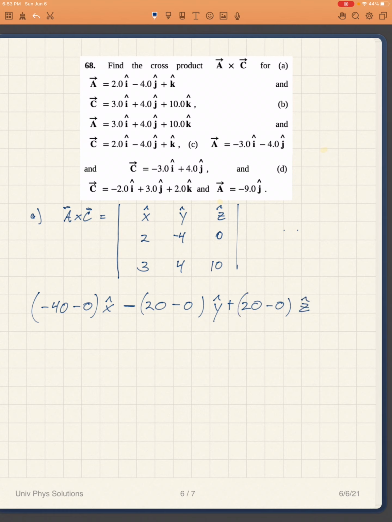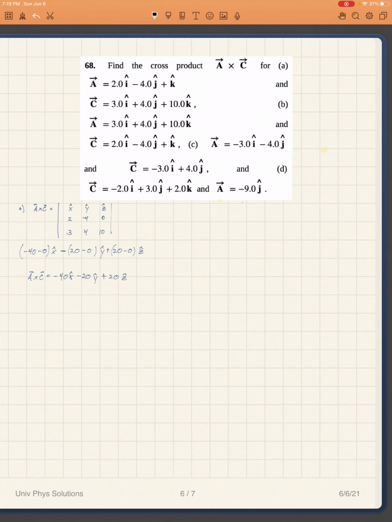And now it's just a matter of simplifying. So my vector A cross C is equal to -40x minus 20y plus 20 c hat.